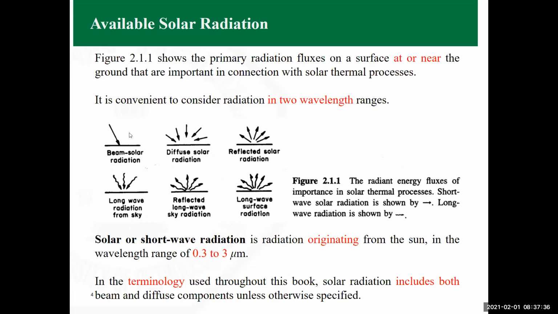The straight lines here of the arrows indicate that it's a short wavelength radiation. And by short wavelength radiation, we do mean that it is radiation which originated from the sun. The short wavelength radiation is associated with a high temperature source, whereas whatever is coming from the ground or close to the ground temperature, we call it a long wavelength radiation, which is associated with a lower temperature, definitely compared with the sun temperature.